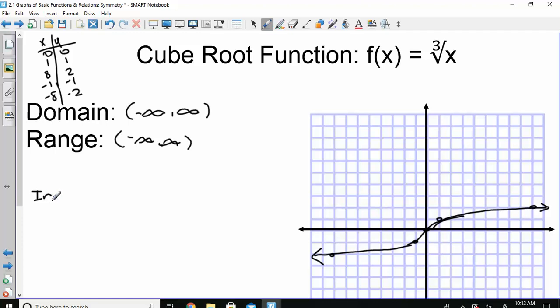Increasing, decreasing, or constant? As I go from left to right, it rises the entire time, so it's always increasing. Where is this continuous? Everywhere.